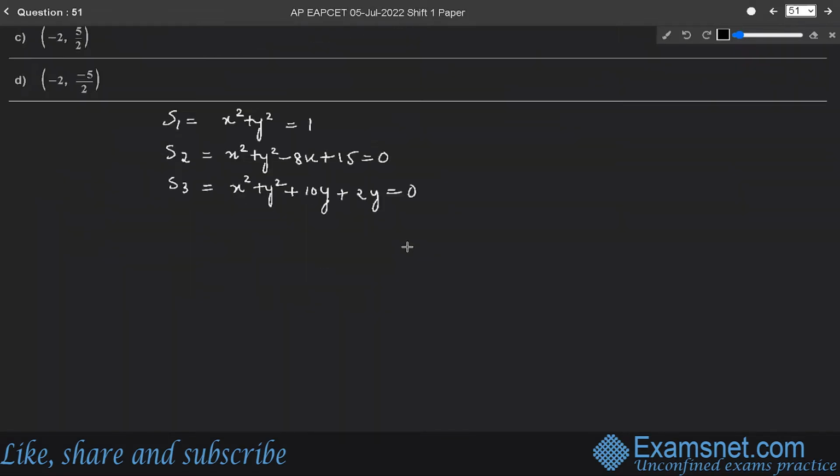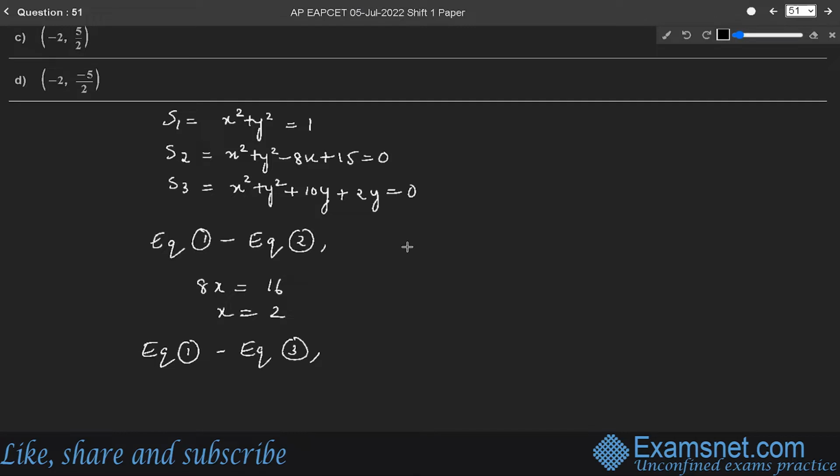Now, on subtracting S1 and S2, or we can say equation 1 minus equation 2, we get 8x is equal to 16. So x will be equal to 2. Similarly, equation 1 minus equation 3, we get minus 10y is equal to 25.